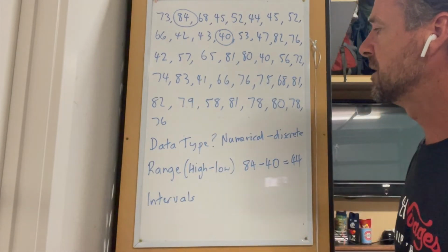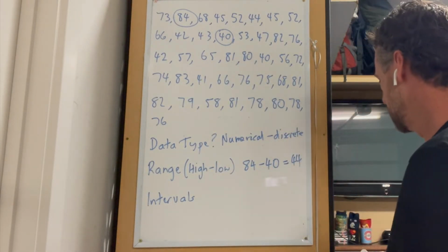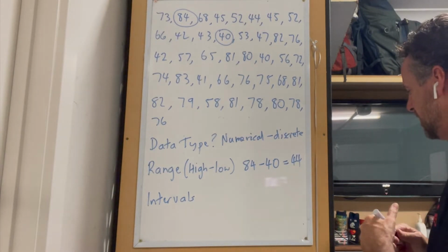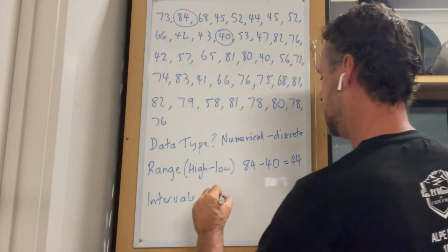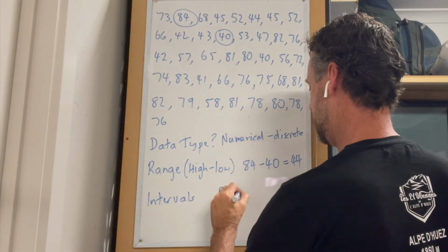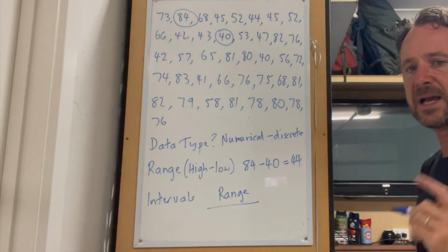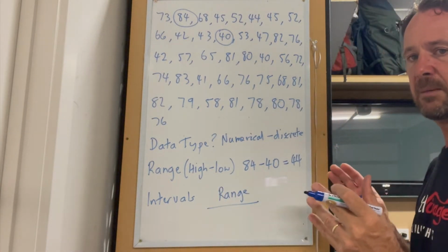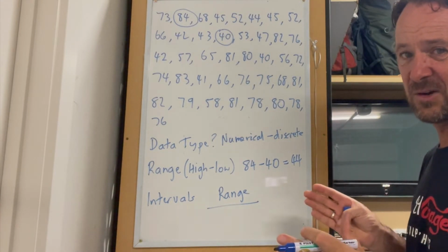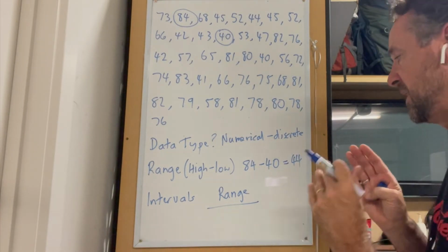When we look at a data set like this, we take the range and we divide it by a number that will give us about 10 or less intervals.